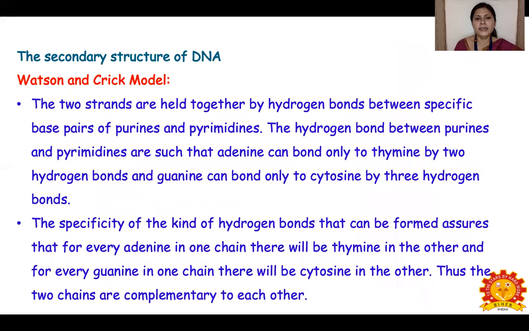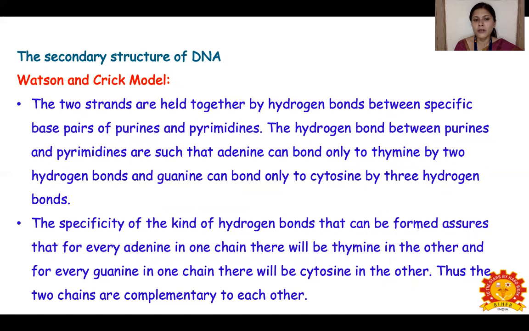The two strands are held together by hydrogen bonds between specific base pairs of purines and pyrimidines. As per Chargaff's rule, the hydrogen bonds between the purines and pyrimidines are such that adenine can only bond to thymine, with 2 hydrogen bonds, and guanine can bond only to cytosine, with 3 hydrogen bonds.